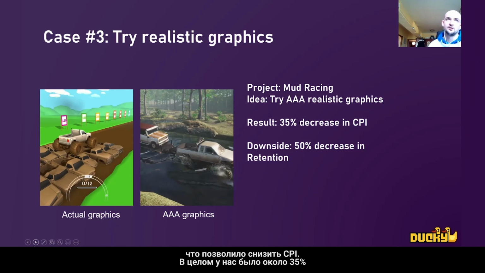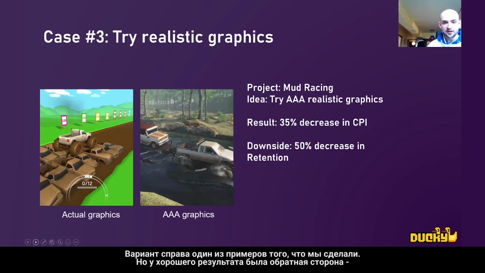We had an average 35% decrease in the whole CPI video pack compared to what we normally use. So you can see the actual graphics and an example of a CPI video on the left, and the one on the right that we did.